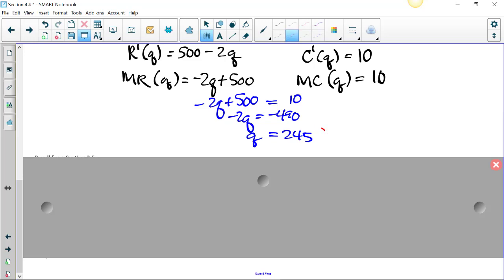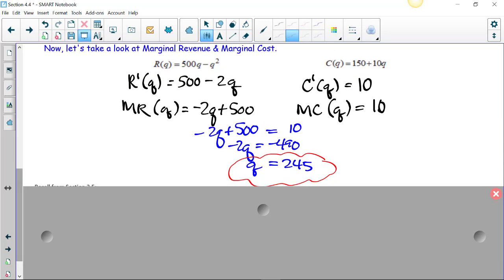Where have we seen that before? All right, so what have we found? Our critical point from our profit function is the same as the value that makes marginal revenue equal to marginal cost.